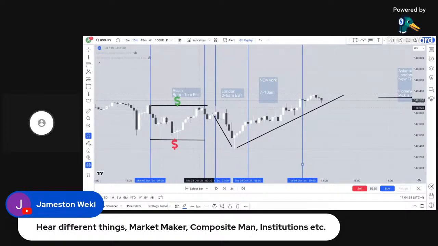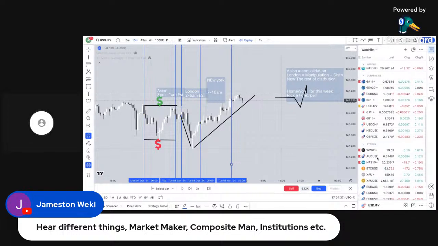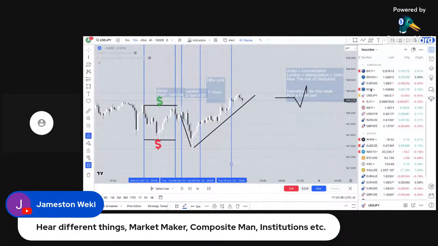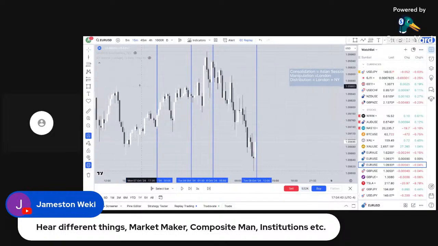And then draw out the different phases of the power of three. So consolidation, manipulation, and distribution. Again, if we go back to Euro USD, same thing. Just to give you the bearish example, consolidation will be that high and that low.